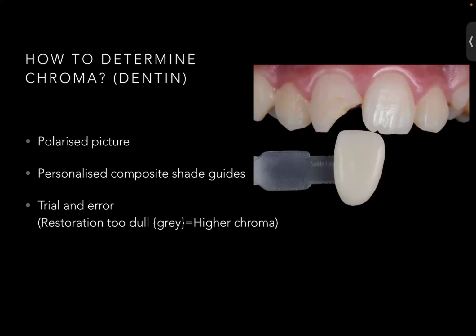It is called Smile Line, where they give you templates where you can produce these personalized shade guides for composite. And then you take a polarized picture with this, then you'll understand if your shade is similar. Either this or you do a composite button technique where you take small buttons, place them on the tooth, and then you take a polarized picture and see which merges better.